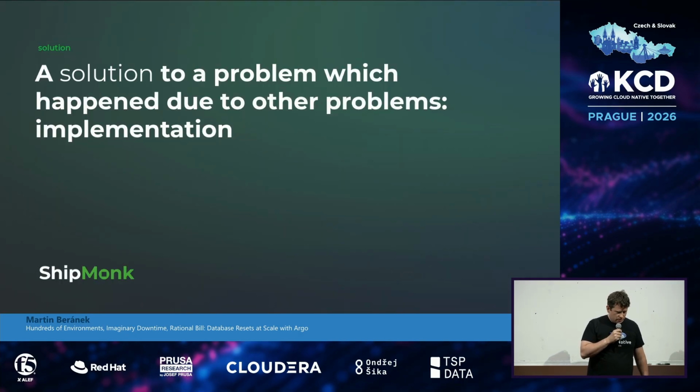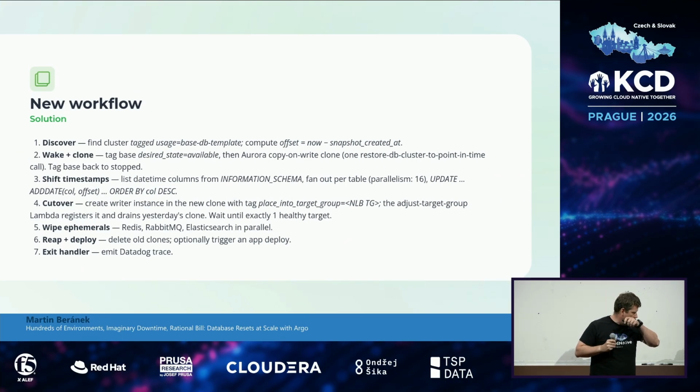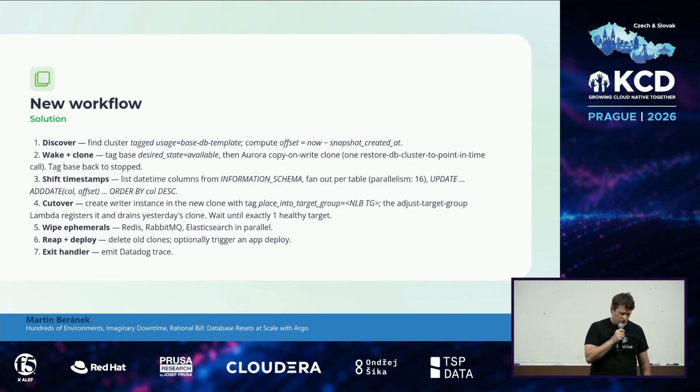So what was the solution in the end? Instead of using one command from PostgreSQL, we just had to create a workflow which does the discovery of the cluster we would like to clone for the demo. We would need to wake up the demo base instance, and that's just because we would not like to have RDS running and just costing us additional money.